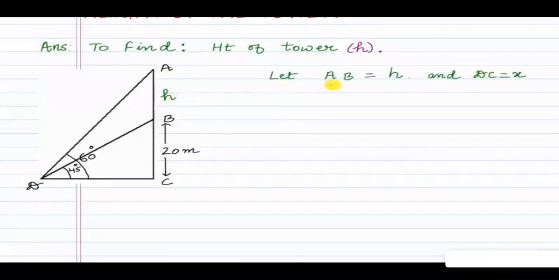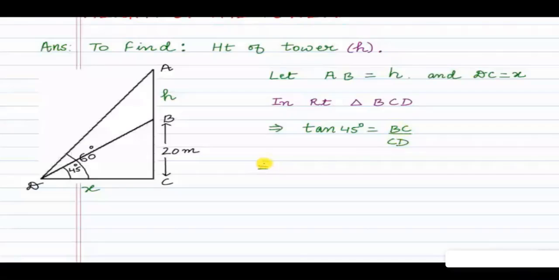So now to solve the question, let AB be equal to H and let DC be equal to X. Now in right triangle BCD, tan 45° will be equal to opposite side BC over adjacent side CD. So tan 45 is equal to BC over CD.